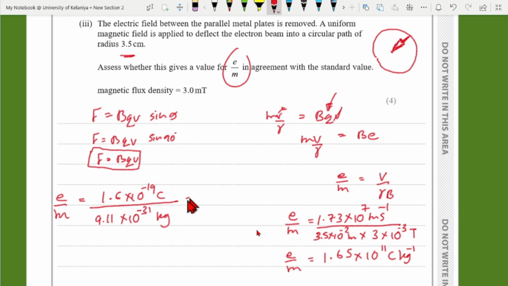So if you calculate this one, what you will get here is 1.76 times 10 to the power 11 coulombs per kilogram. This is the standard value and this is the experimental value, right?